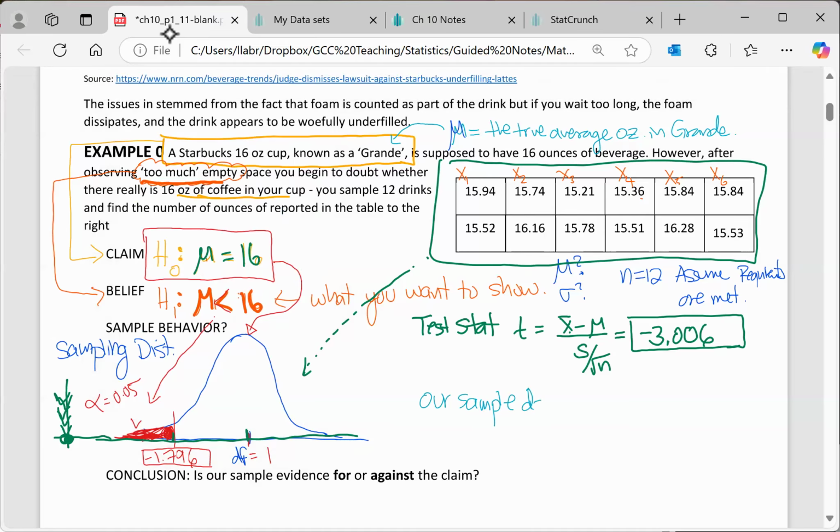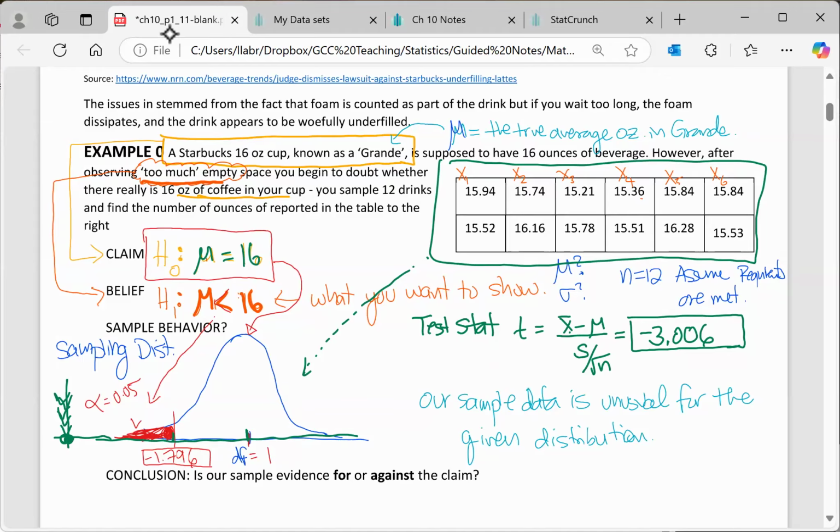Our sample data is unusual for the given distribution. And that's exactly why you always want to draw the distribution.